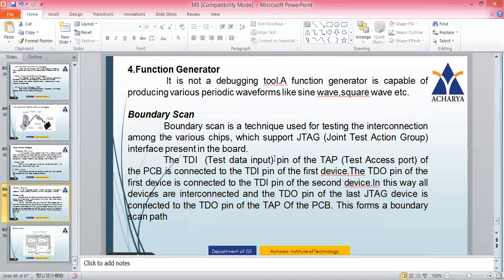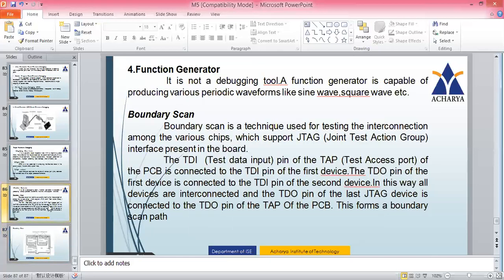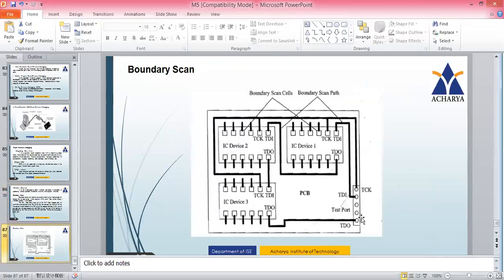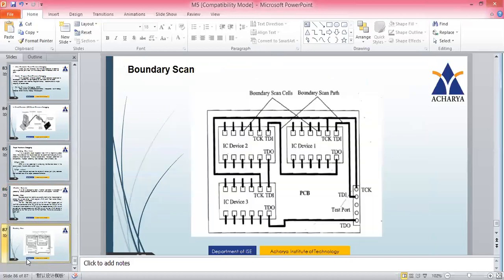The TDI is the test data input pin. The TDI pin of the test access port, that is, the four pins that are there, the test access port of the PCB, is connected to the TDI pin of the first device.